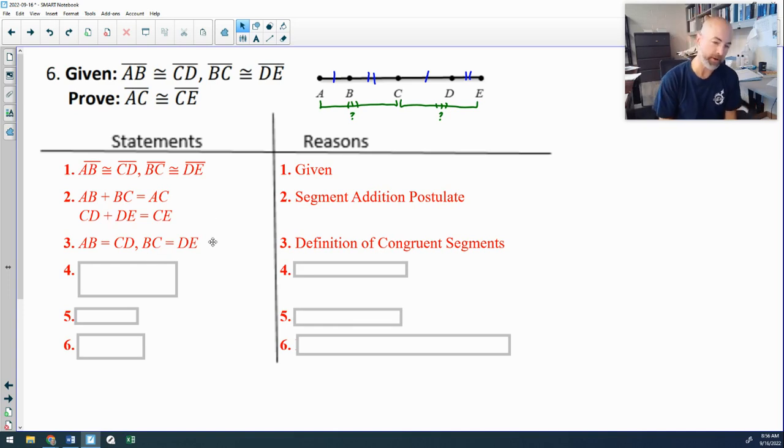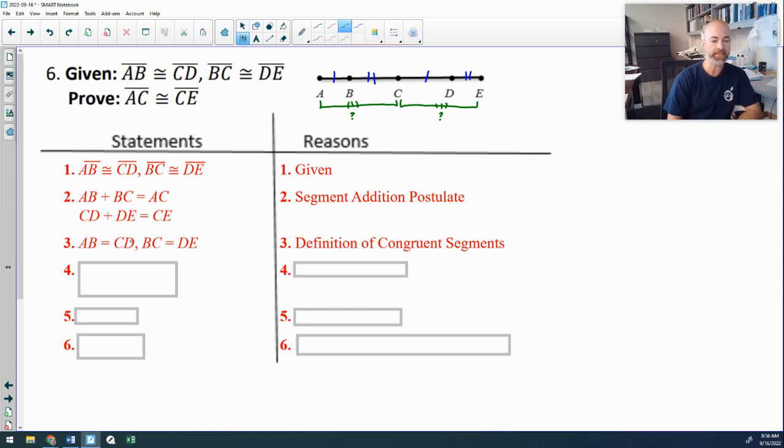And so now that I've declared those equal, I am free to swap AB and CD in and out for each other. Similarly, I can swap BC and DE in and out for each other. And I'm looking up here and I have those. So I want to do some type of substitution so that AC and CE both have the exact same thing on the left side. So what I'm going to do is this.